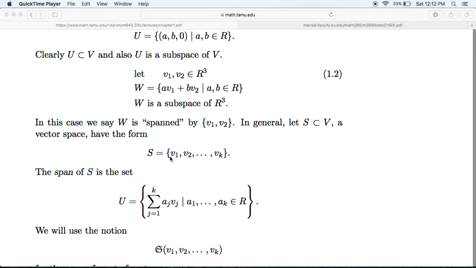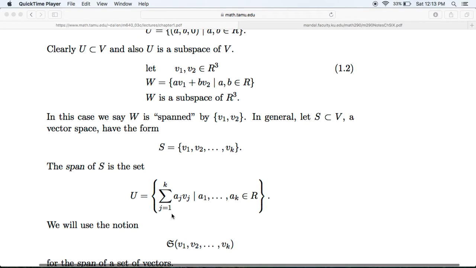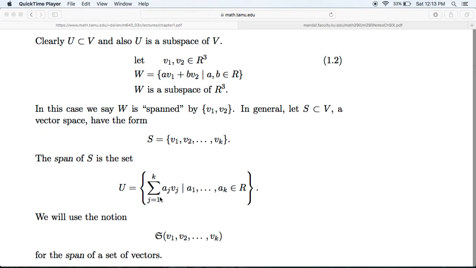So if S is a subset of the vector space of this form, v1, v2 till vk, where each vi is in the vector space V, then the set of linear combinations of all these vectors, which is called the span of S, is an expression of this form: summation over j up to k of aj vj.